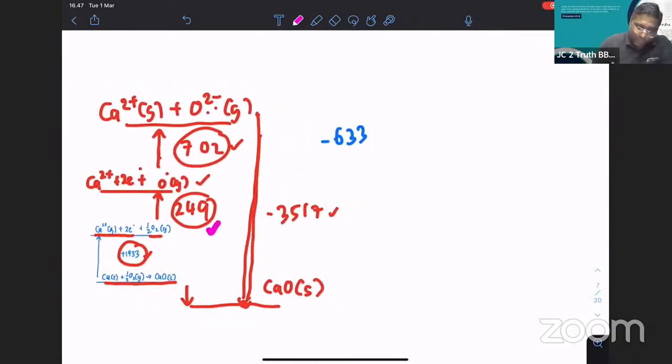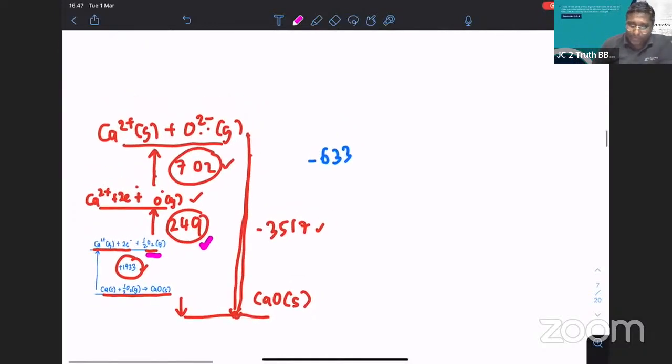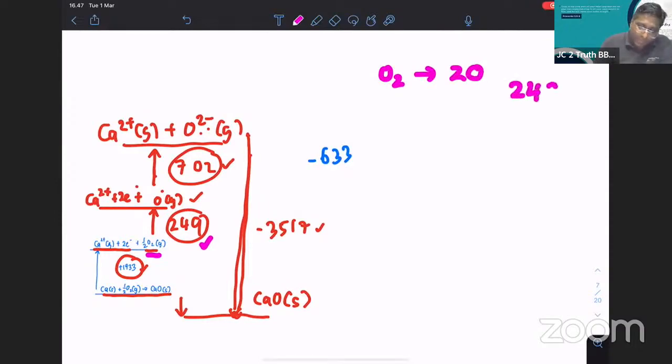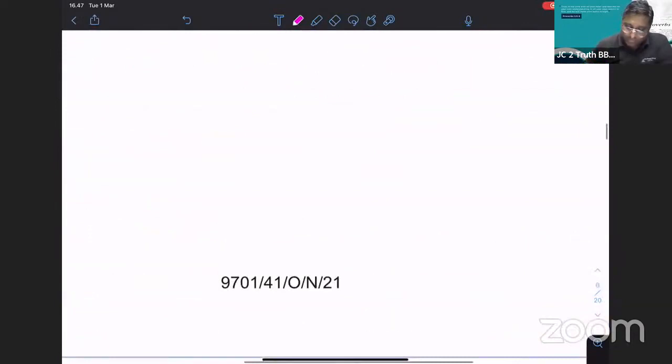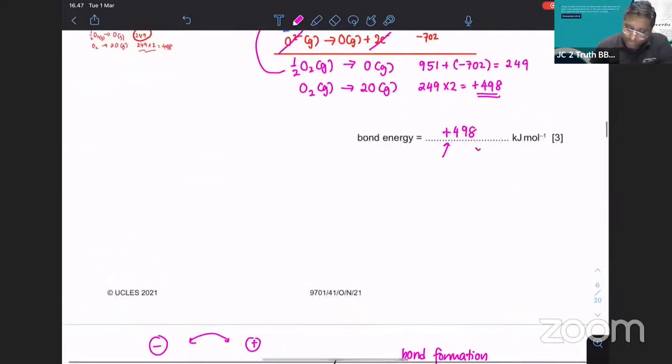If you look over here, I have actually included it. So what I did was atomize the oxygen, using the 249, the value that I calculated just now. The value just now is O2 to become 2O. That's 249. Okay, but sorry, that was not 249. That's 498.